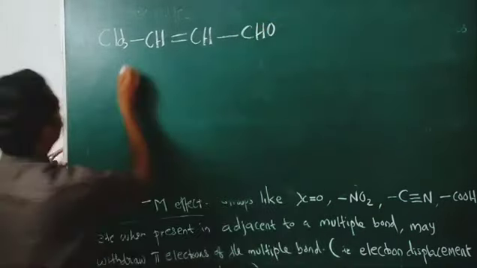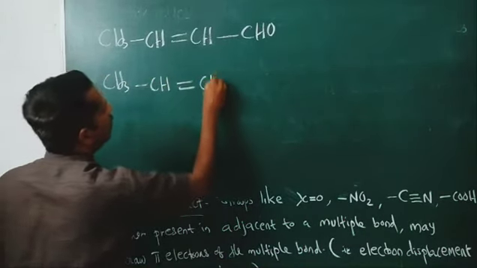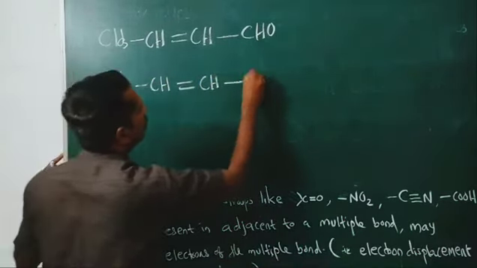The actual structure of this compound is CH3, CH, double bond, CH, single bond, CH, double bond O. This C double bond O group is here.